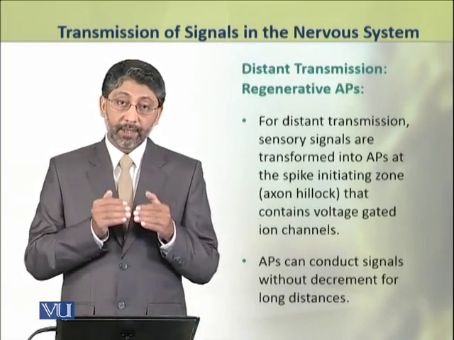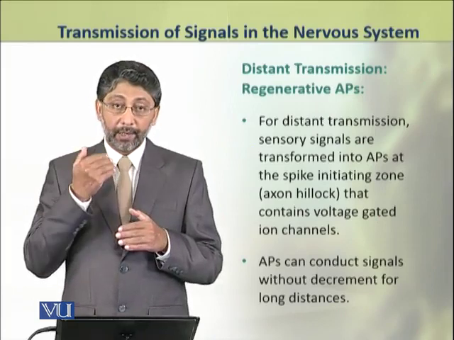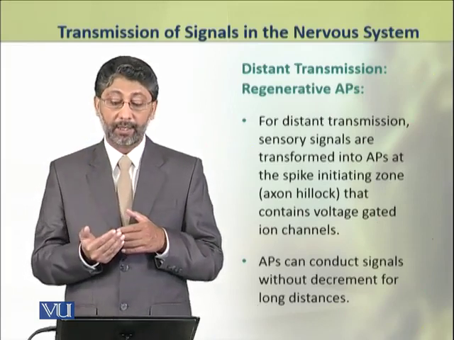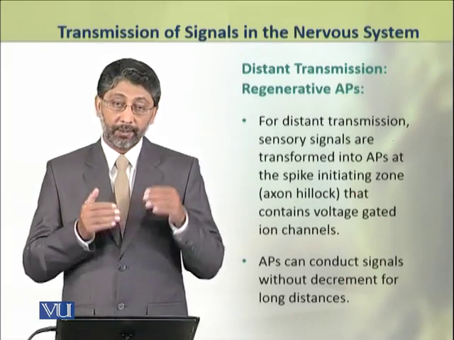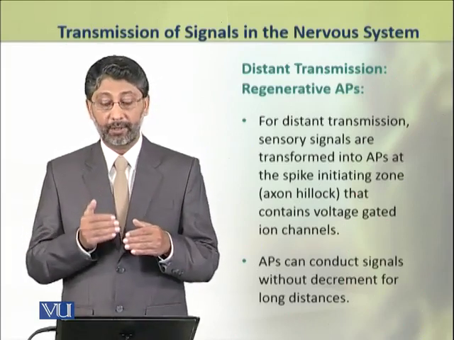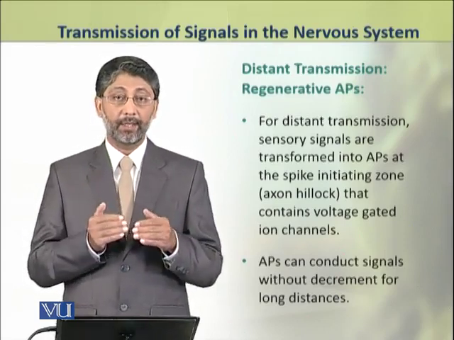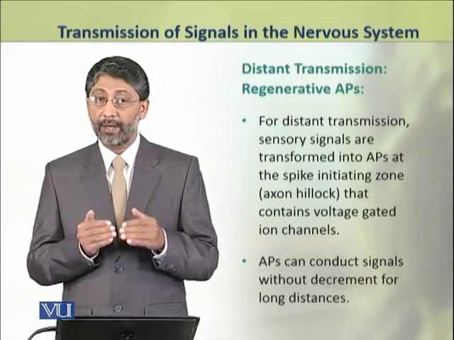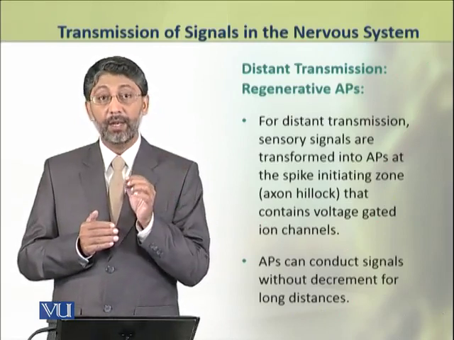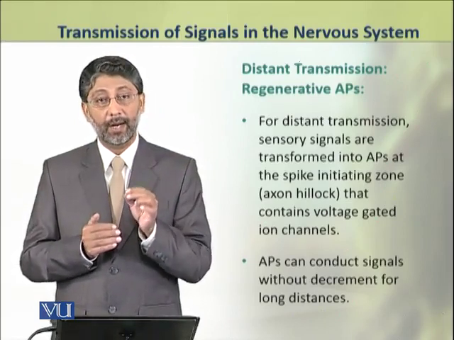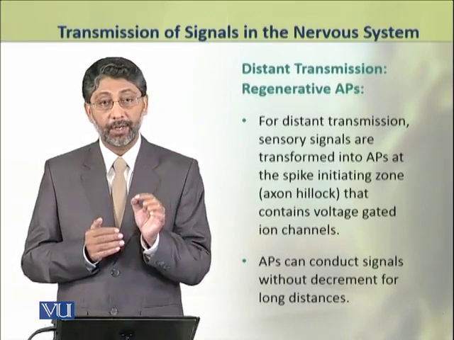For distant transmission, अगर इस सिग्नल को थोड़े से लंबे फासले तक ट्रांसमिट करना है तो उसके लिए ग्रेडेड पोटेंशियल्स काफी नहीं है. इसके लिए रीजनरेटिव एक्शन पोटेंशियल्स प्रोड्यूस करना होते हैं, which are produced at the spike initiating zone, that is the axon hillock. Axon hillock contains voltage gated ion channels और यही वजह है कि यहां पर एक्शन पोटेंशियल्स इनिशिएट हो सकते हैं.